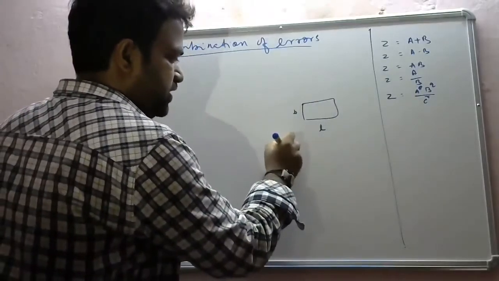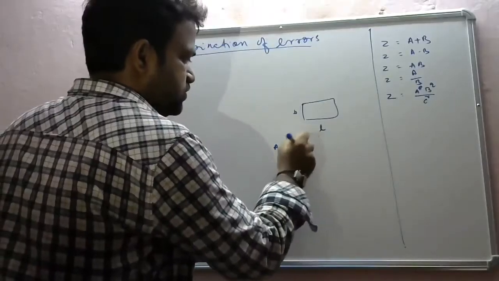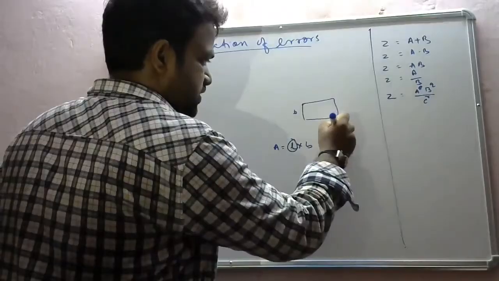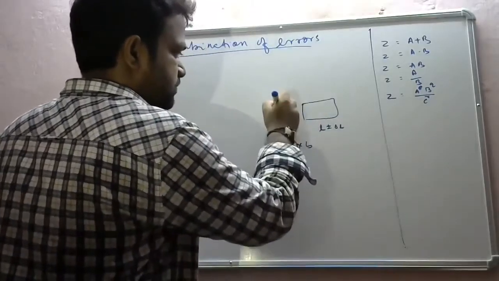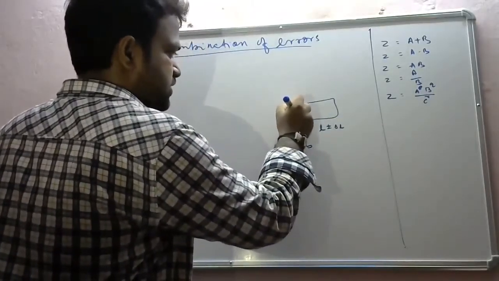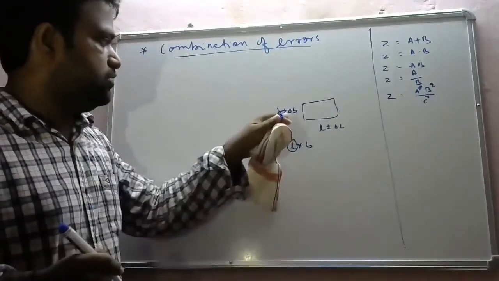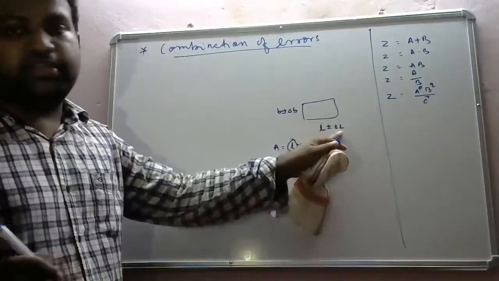Then when you find area, that is length into breadth, as there is some error, plus minus, let's say, delta L, and in breadth also you are getting plus minus delta B. So that means you are getting some error in breadth, some error in length.